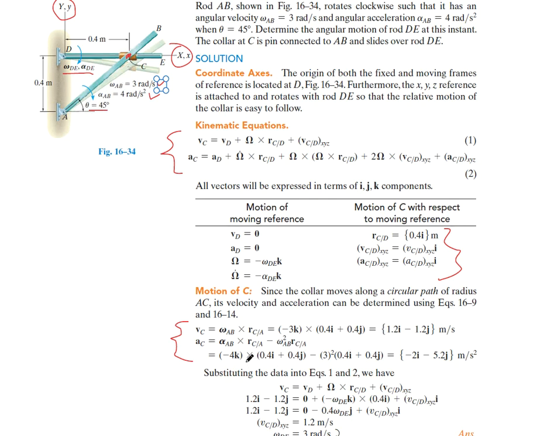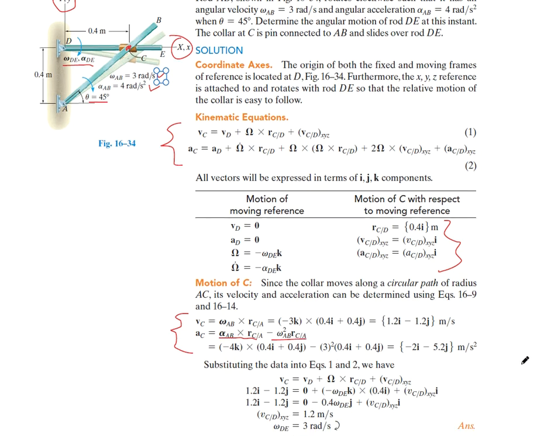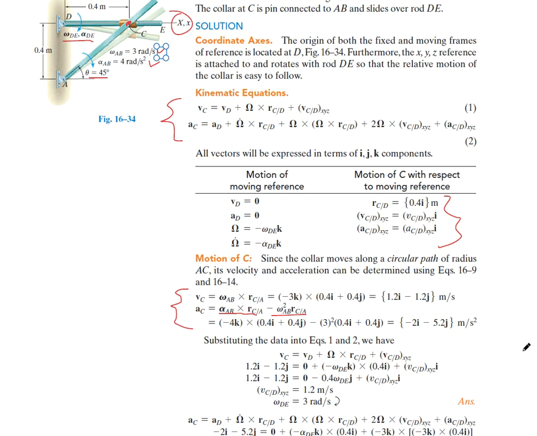Okay, and then acceleration of C is acceleration of A, which is 0, and then we have the tangential component and the normal component of the acceleration. Okay, so this is useful because we add information in this part of what will go into equations 1 and 2.